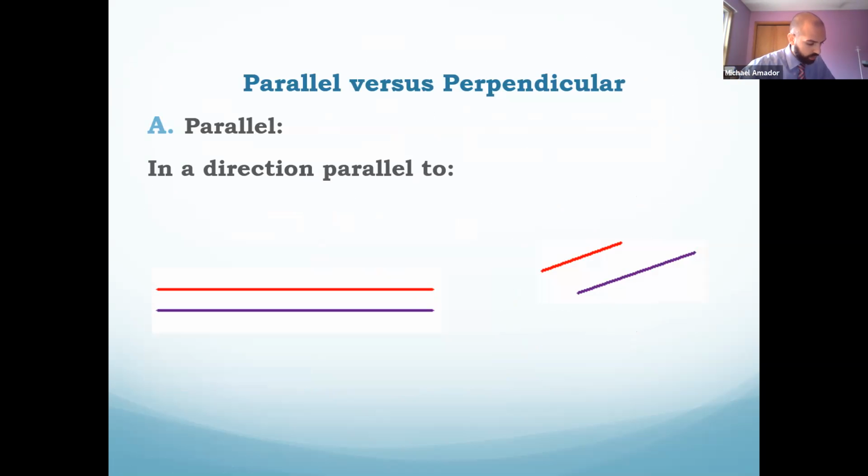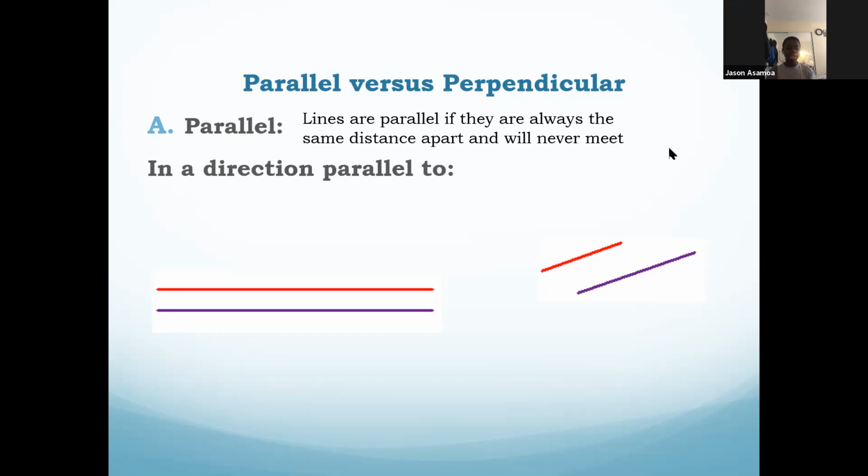The first thing that we're going to learn about today is the difference between parallel and perpendicular. What does parallel mean? Parallel means two lines that can keep going on and on, but they never touch. Excellent.